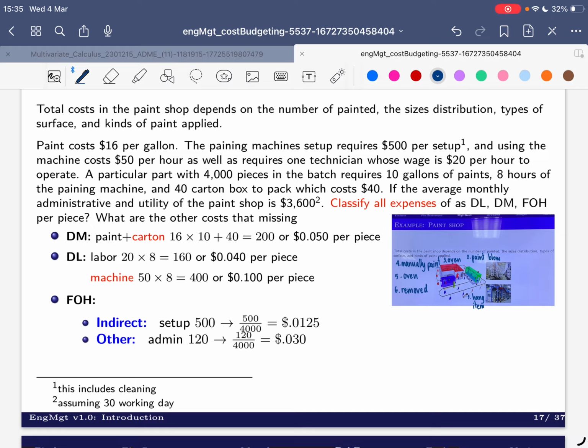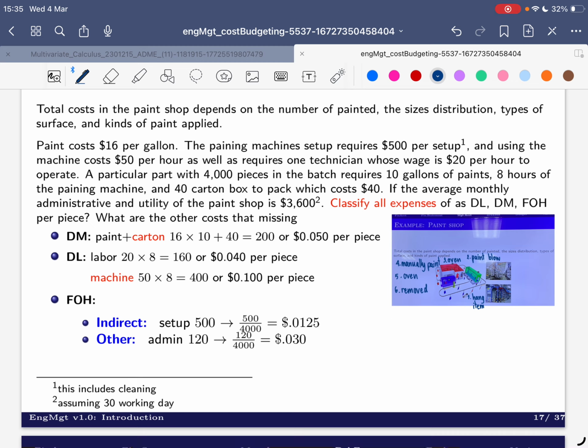And for a particular day, for particular item components, we have 4,000 pieces of the same component. And we require 10 gallons of paint, 8 hours of painting machine, and 40 cartons of boxes to pack it.